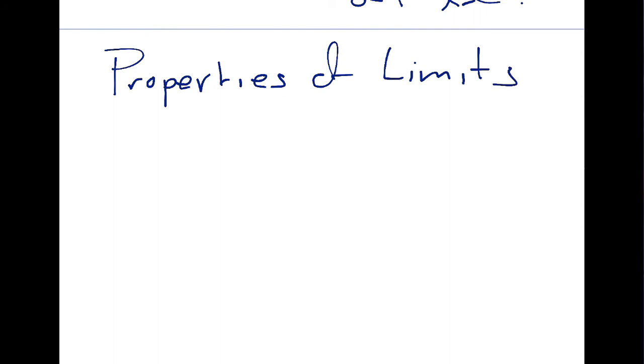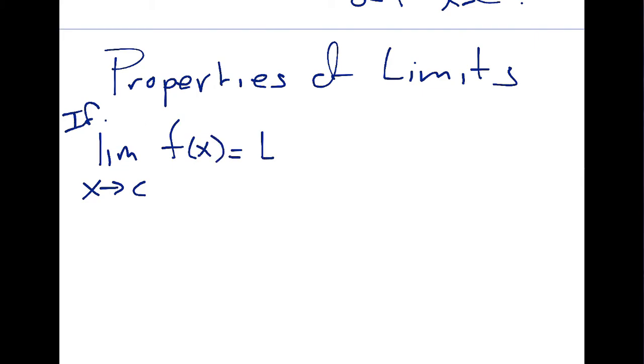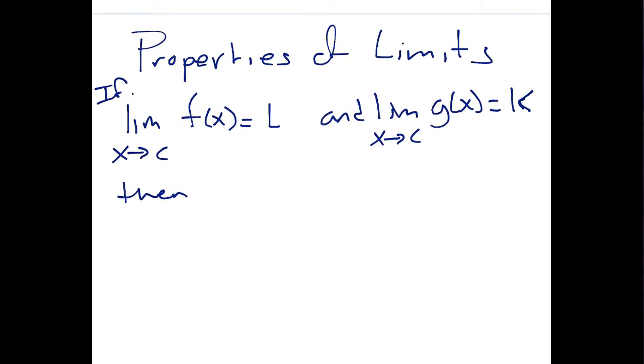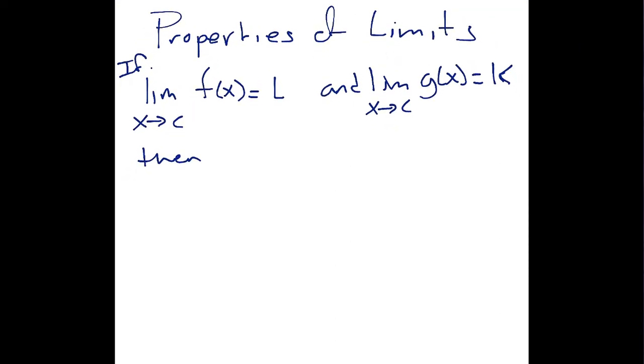The first one, let's say the limit as x goes towards c of f of x is equal to L, and the limit as x goes towards c of a different function, g of x, equals k. So let's say those two things. Then here are the following properties that you have to know or understand.